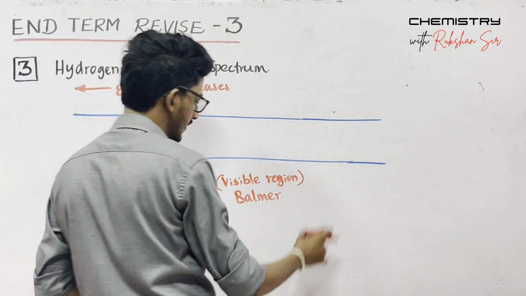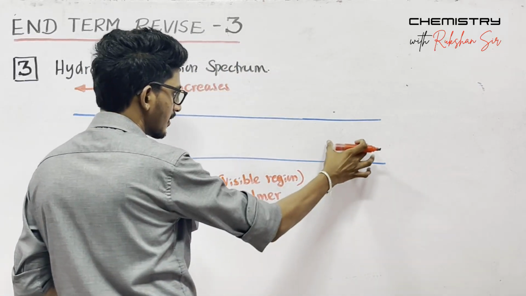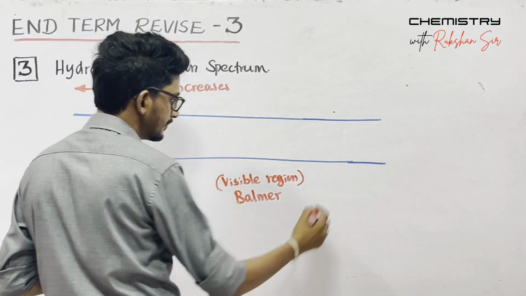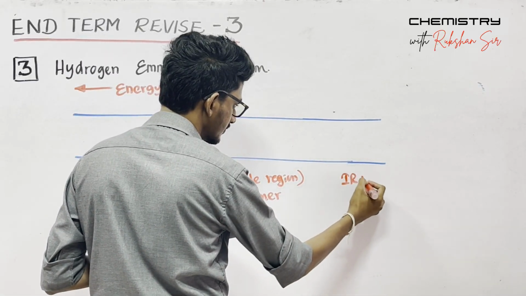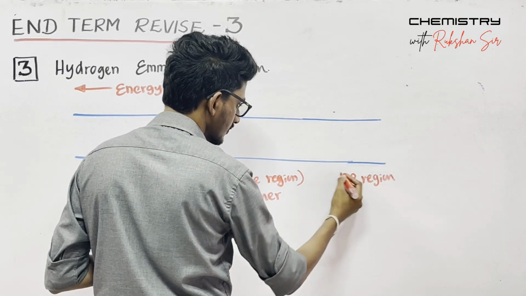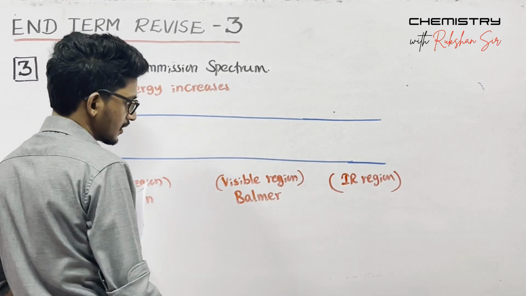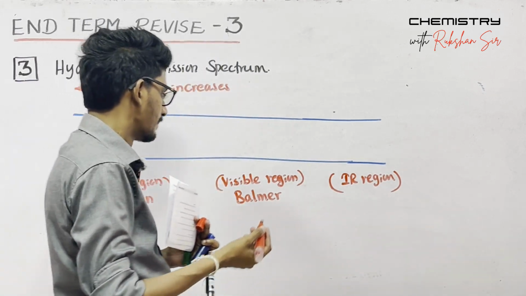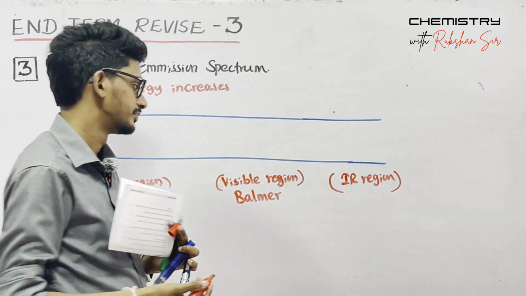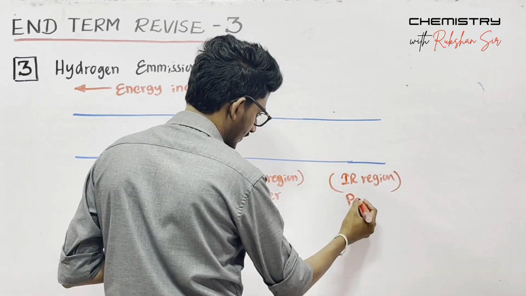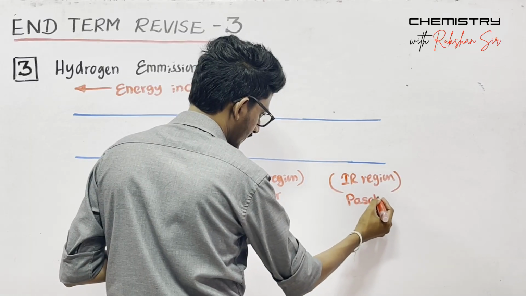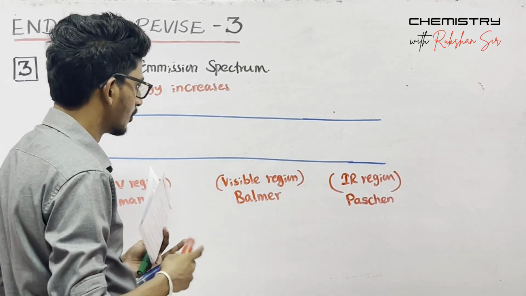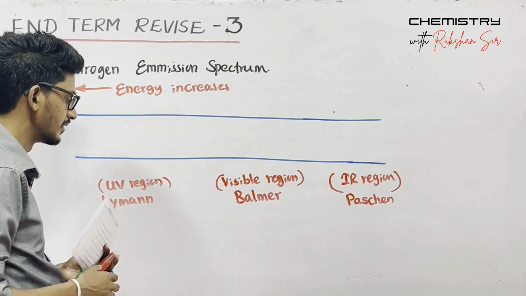Then you have the IR region, with lower energy than the visible. There you could see the Paschen, Brackett and Pfund series. I'll write the Paschen, as the question involves only those. That is how the regions appear with the series of lines.